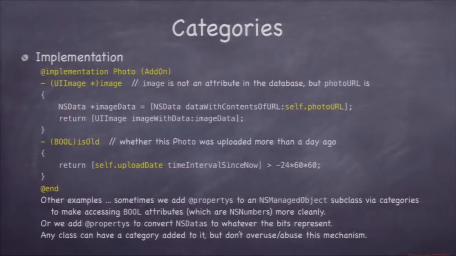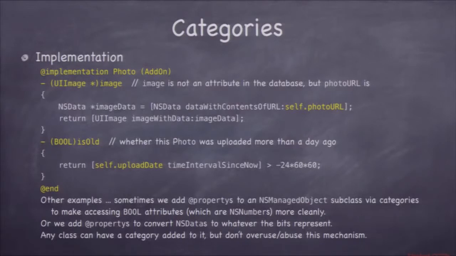It actually probably would be NSURL from string, self.photoURLString, because we can't put URLs directly in the database. But anyway, then it would say return UIImage with data, and return the image. Okay? So no instance variables there. It's not using instance variables. Same thing with isOld. Might say self.uploadDate, time interval since now is greater than a day ago.